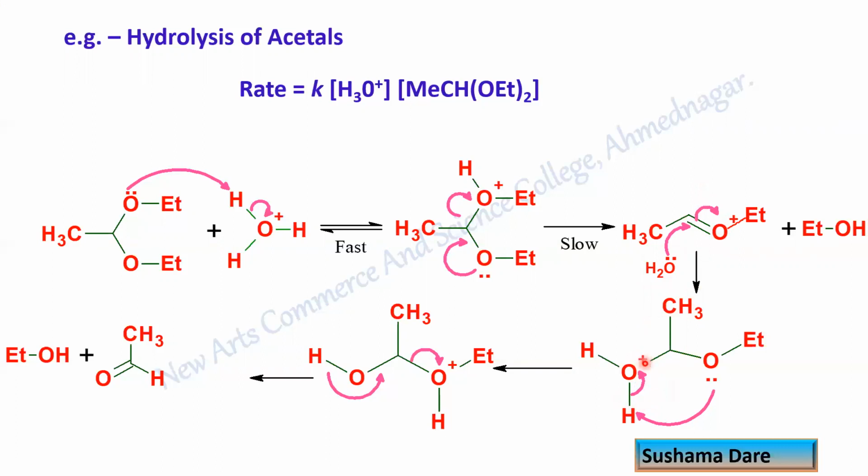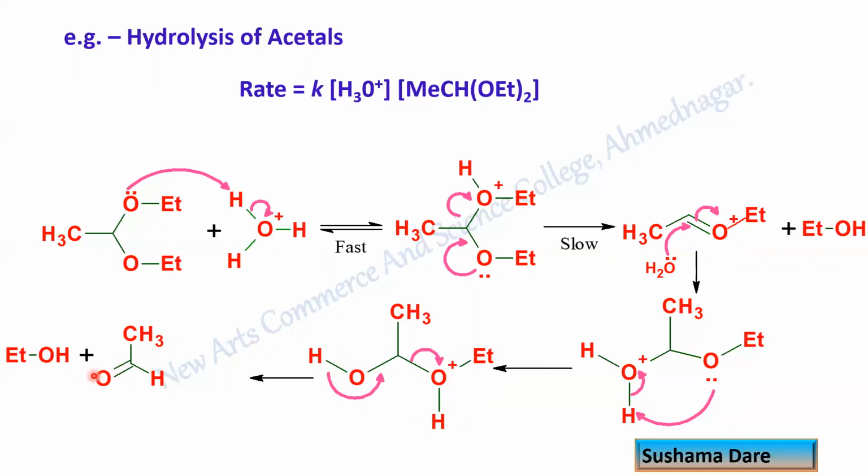Now in the next step, this oxygen's electron density accepts the proton and neutralizes the charge on this oxygen, giving a positive charge on this oxygen, and at the end there is a departure of ethanol again.